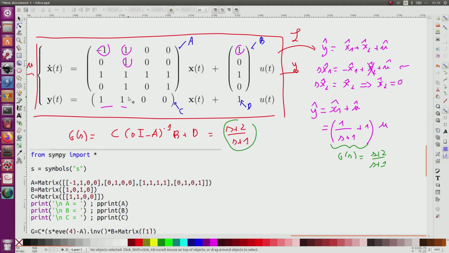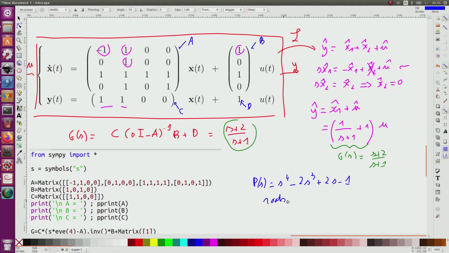So I take the matrix A, and if I compute the characteristic polynomial, I will get P of s equal to s^4 minus 2s^3 plus 2s minus 1. And the roots are minus 1, 1, 1, 1, so 1 with multiplicity 3.